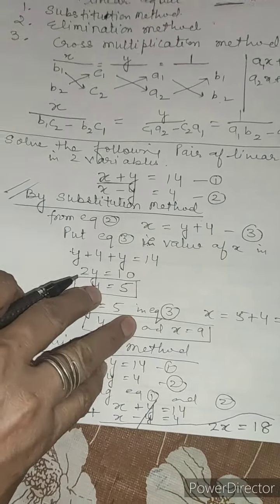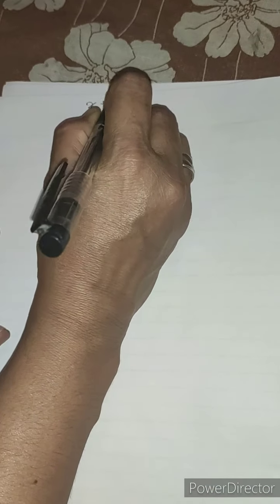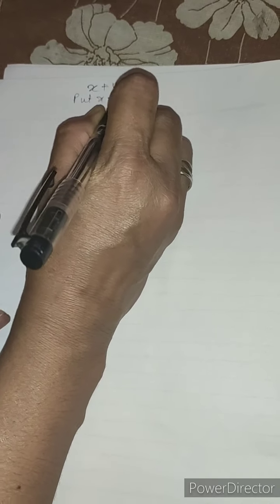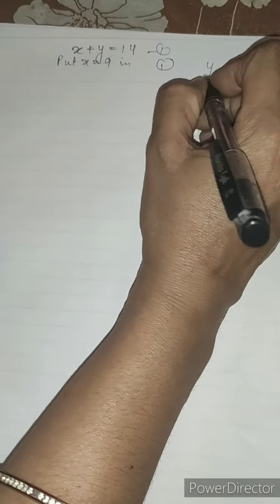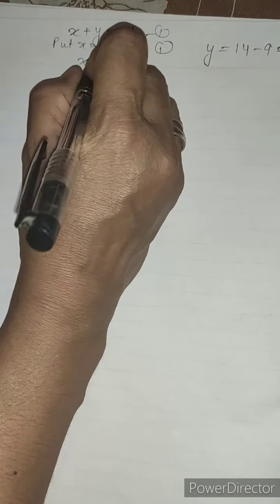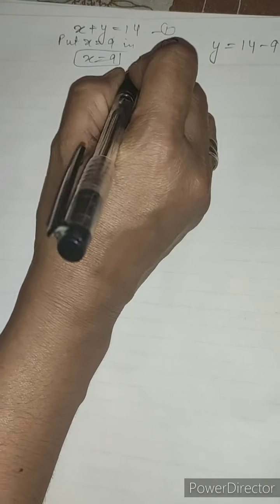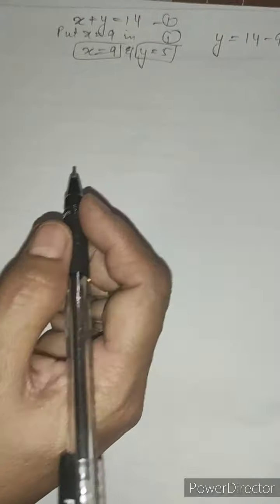Now we will put the value of x equal to 9 in any of the equations. Let's put in equation 1. So our equation 1 is x plus y equals 14. So put x equal to 9 in equation 1. So we get y equals 14 minus 9 equal to 5. That means the answer is x equals 9, y equals 5. Same answer that we got previously.